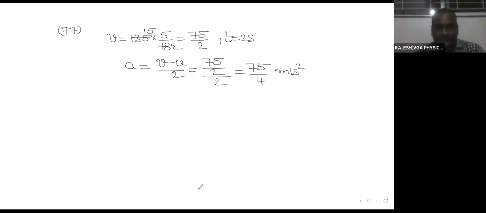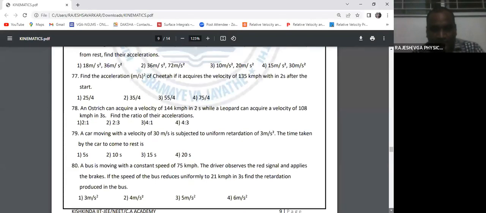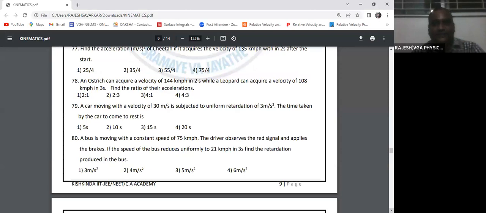An ostrich can acquire a velocity of 144 km per hour in 2 seconds, while a leopard can acquire a velocity of 108 km per hour in 3 seconds. Find the ratio of their velocities. 5 by 18 means 18 is 6 times, so leopard will be 30, ostrich is 40. 144 means 18 is 8 times.